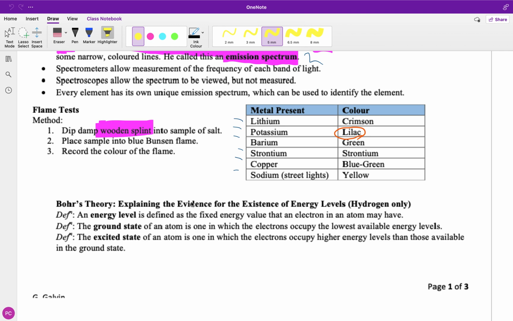So a couple of definitions. You have a definition for an energy level. That's the amount of energy that an electron has. The ground state of an atom is where the electrons occupy the lowest available energy level.